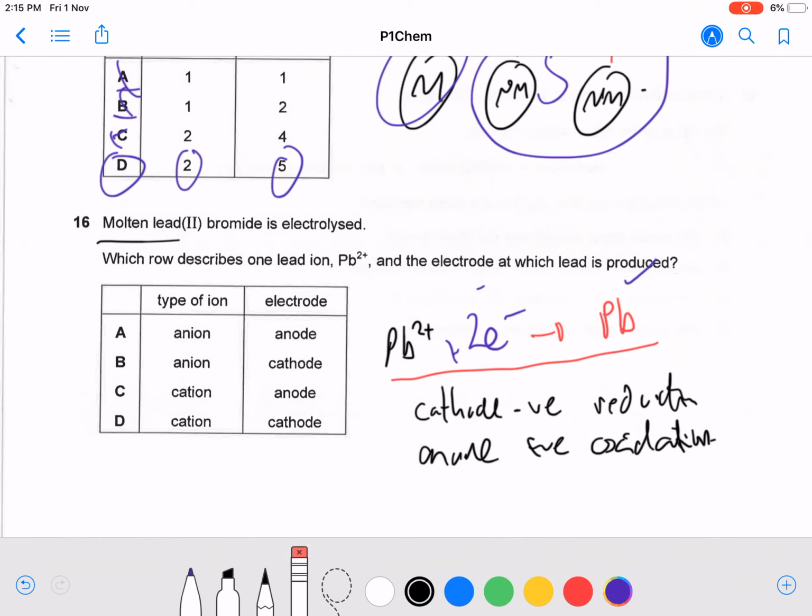So lead has gained 2 electrons. OIL RIG: oxidation is loss, reduction is gain. It is a cation, because it's got a positive charge. So it's not that, it's not that. The cation is attracted to the cathode, where reduction occurs, so D.